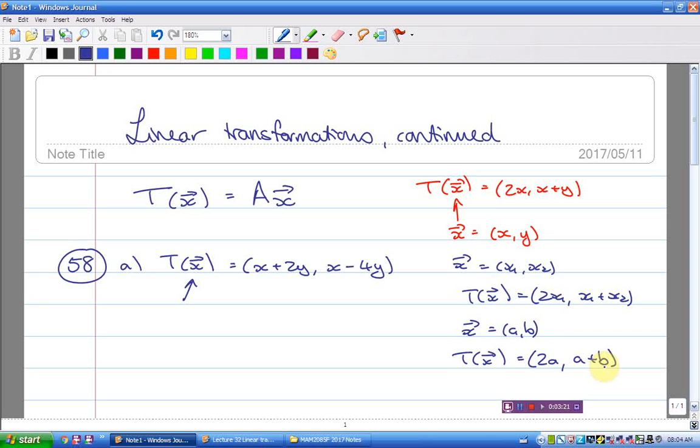But the default, so if you just write the vector x and you don't name its components, the default is to assume that its components are x, y or x, y, z. That was what was going on in that exercise, whatever it was, 54. And I know that confused people quite a lot. Okay, so here, once again, this is assuming that the x components are x, y.